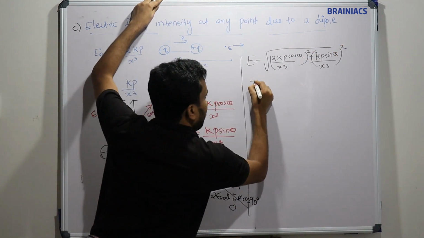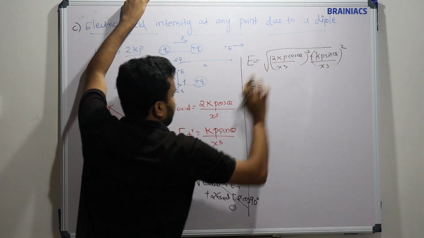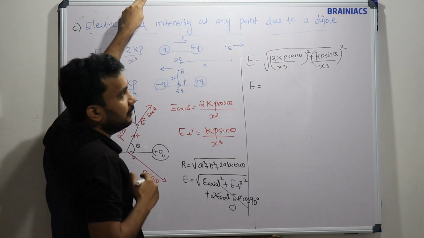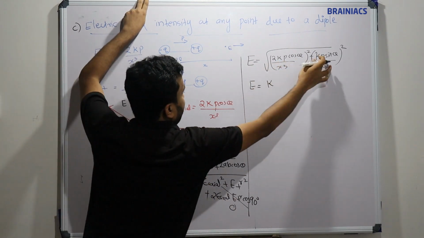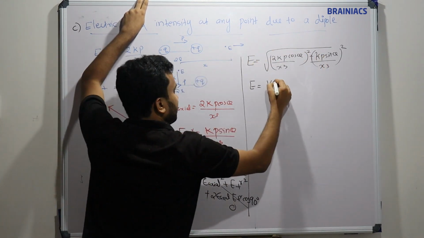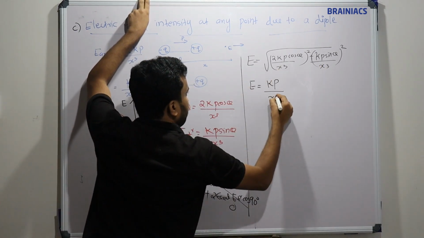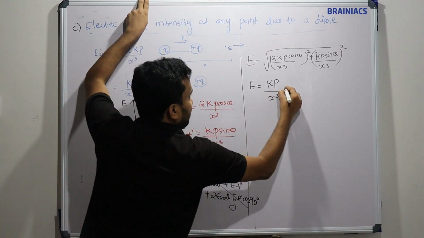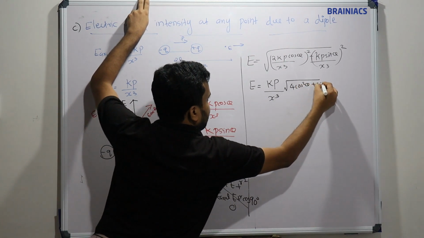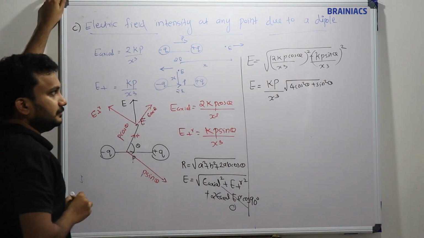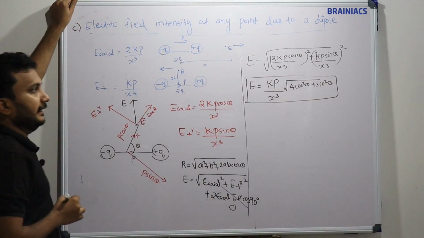Common terms we can take out of this root. K square will come outside, so it is nothing but K. P square, common, is coming outside. So Kp, and x cube square, so both will give Kp by x cube. So what is there in the root? Here it is 4 cos square theta plus sine square theta. This is the final formula of electric field intensity.